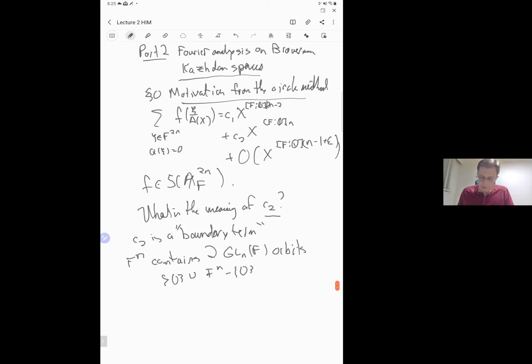So when we apply Poisson summation, if I give you some test function f and I look at the sum over c in F^n of f(c over delta x), then I get one term that corresponds to the boundary, and then I get a sum over everything else.